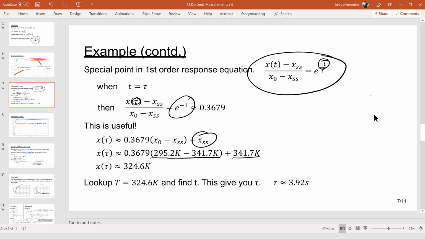So all this is rearranging this equation, with t equals this variable tau. And what I end up with is the value where x of tau, not x of tau, but the temperature at tau, is 324.6 Kelvin.